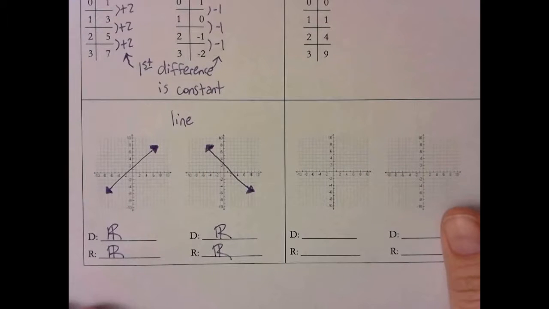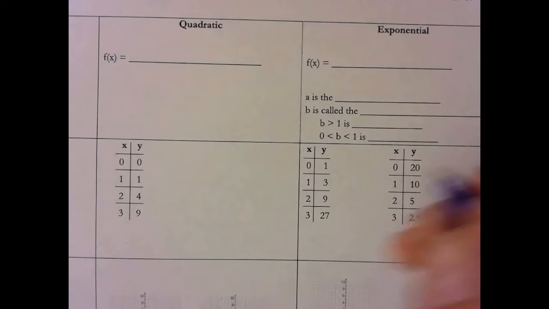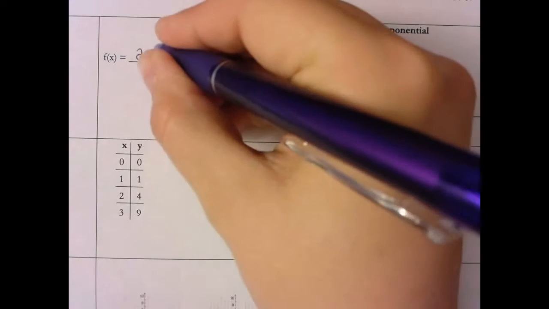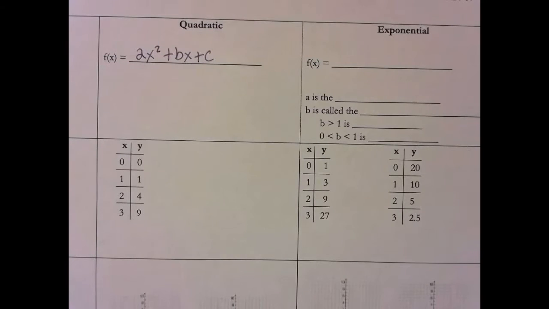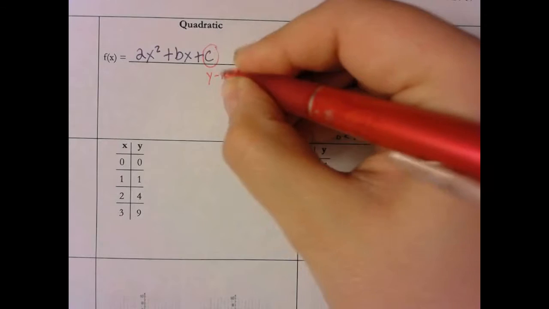Okay, let's do a review of quadratics. So quadratic functions can be written in standard form, which is f of x, or y, equals ax squared plus bx plus c. And this c right here is the y-intercept.